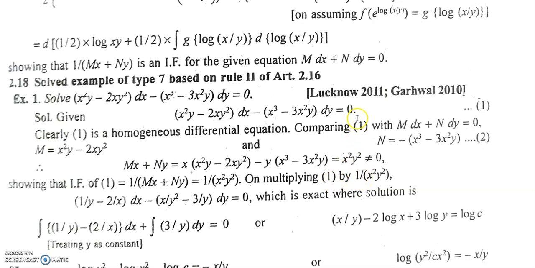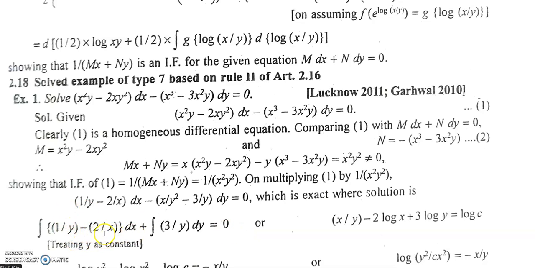After that what do we get? 1 by y minus 2 by x dx minus x by y square minus 3 by y whole into dy equal to 0. So which is exact, where solution is what? If you integrate, what will be the solution?